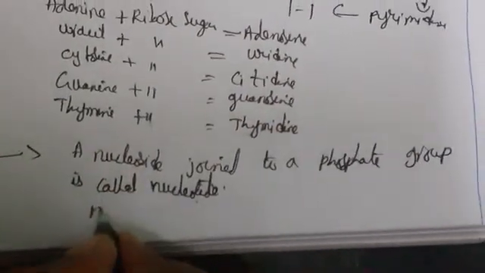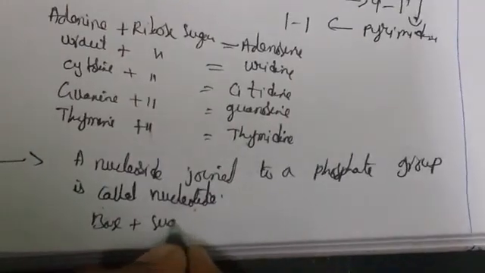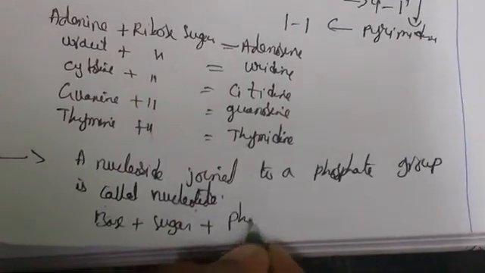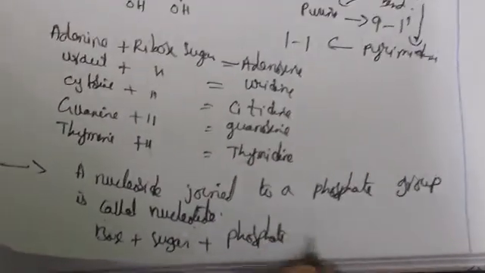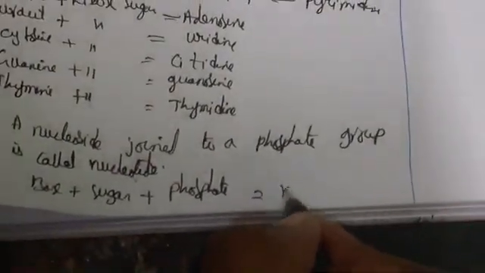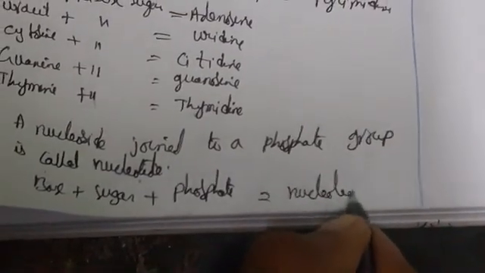So base plus sugar plus phosphate, we call a nucleotide.